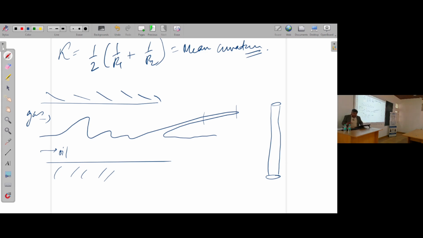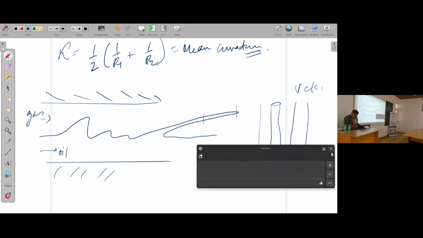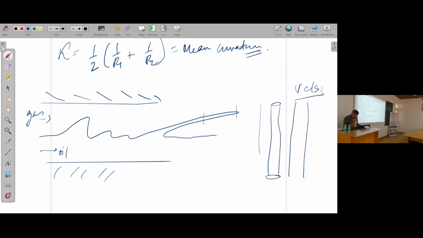Now if you look at this particular liquid filament, if I take a vertical cross section, you will just get 2 lines. If you take a horizontal cross section, it has only 1 radius.